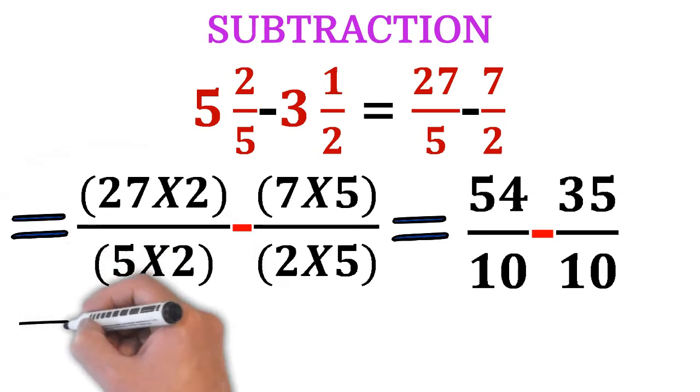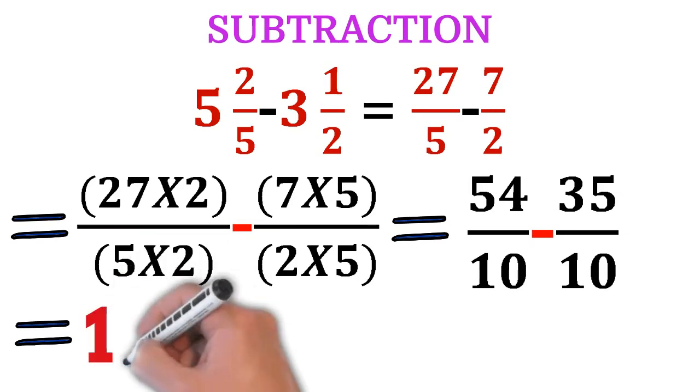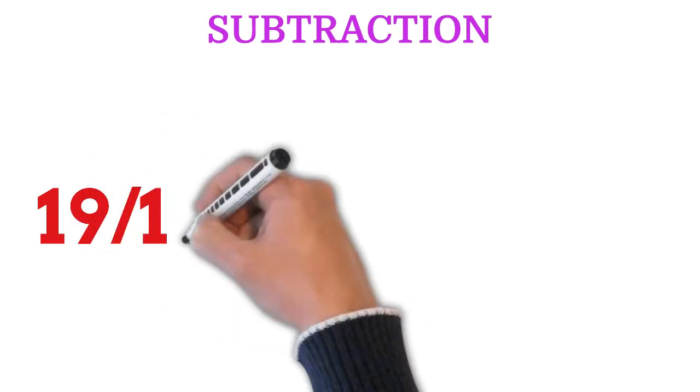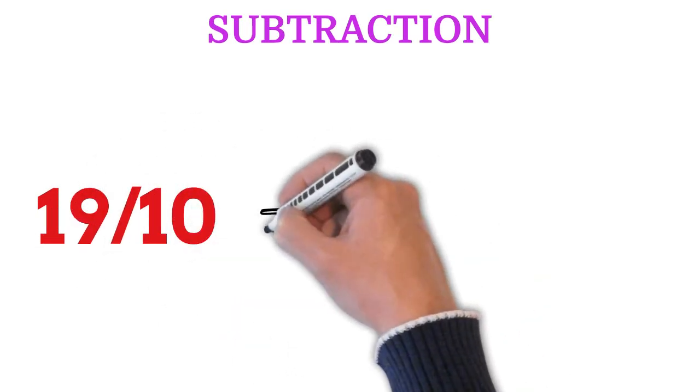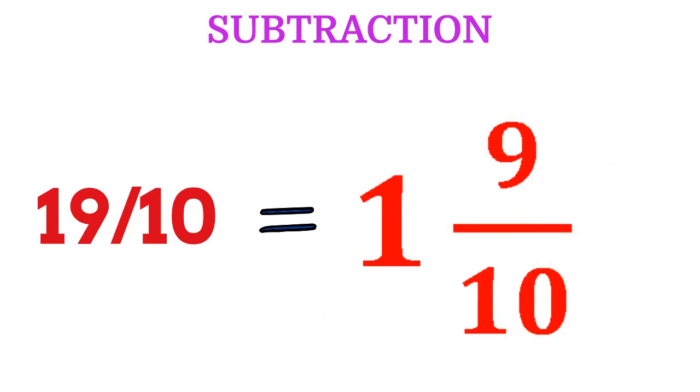Now subtracting the numerators, we get 54 by 10 minus 35 by 10 equals 19 by 10. This is the answer. But as it is an improper fraction, we have to convert it to a mixed fraction. That is 1 whole 9 by 10.